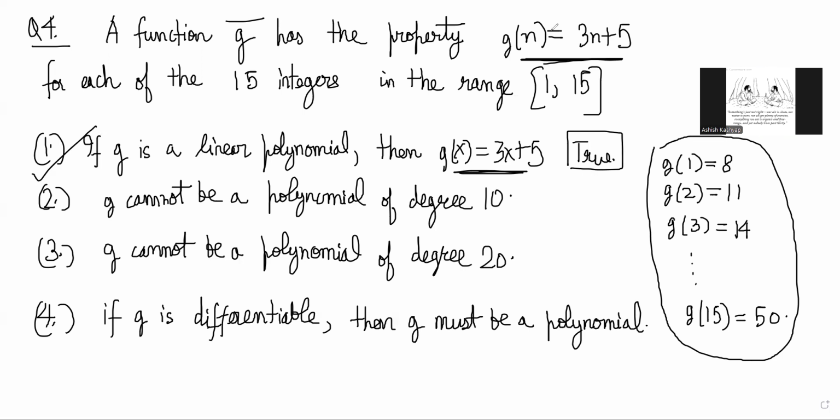It was given as a function. It could be anything. The only thing you know is 15 values of the function. You don't know the nature of the function. Do you understand what I'm saying? 15 values looking like they are linear doesn't mean the whole function is linear, right?